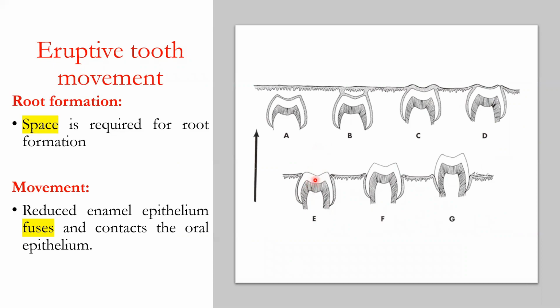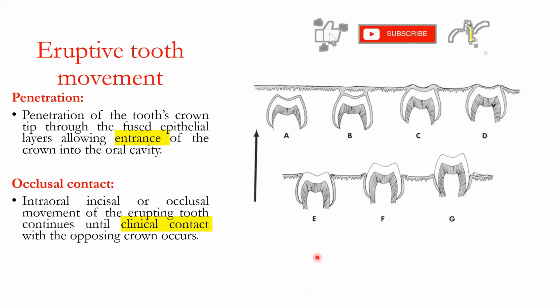And when it is moving upwards, the tooth is covered by reduced enamel epithelium, and this reduced enamel epithelium fuses with the oral epithelium and becomes a single layer. The tooth will be covered by reduced enamel epithelium, the erupting tooth.